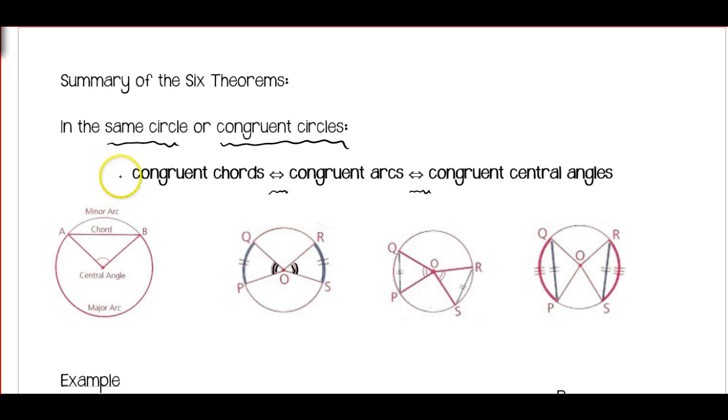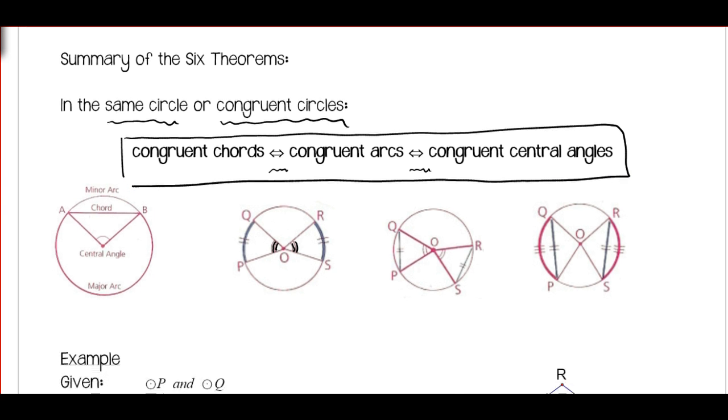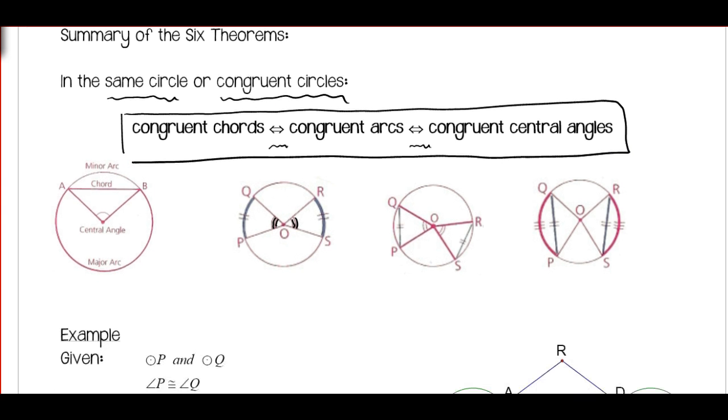So this is basically a summary of the 6 theorems that we just talked about, and you want to make sure that you're using it in the appropriate direction. So what you know first implies what you are proving.